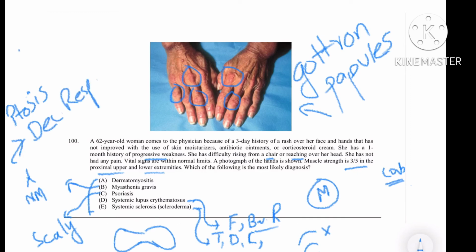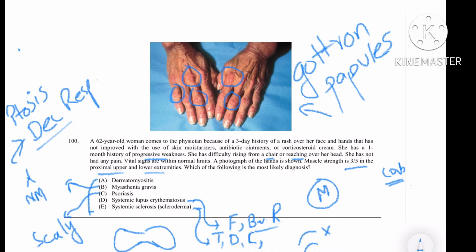It means a patient can perform some physical activity in the morning, and the strength of the muscle gradually becomes weaker and weaker by the end of the day. It means decremental response, but here there is no such history given.